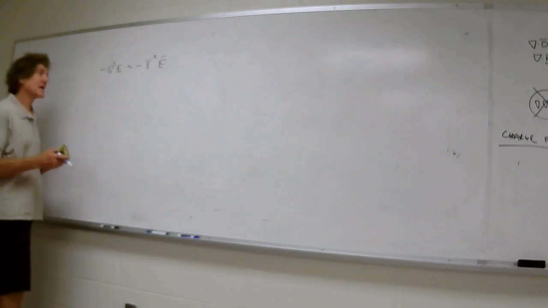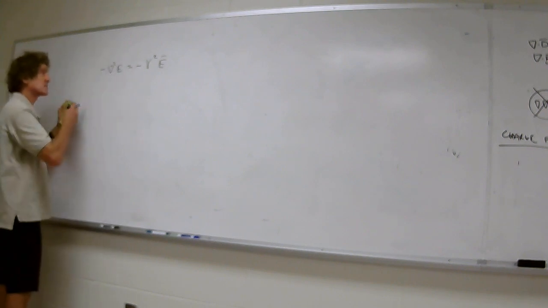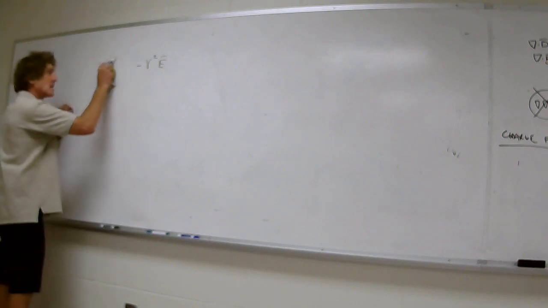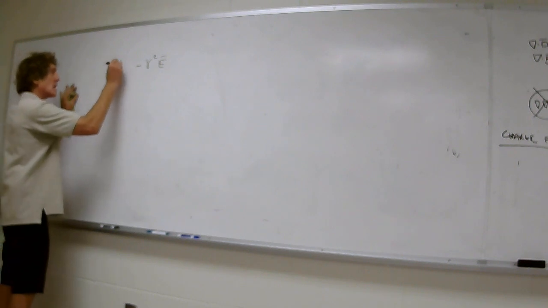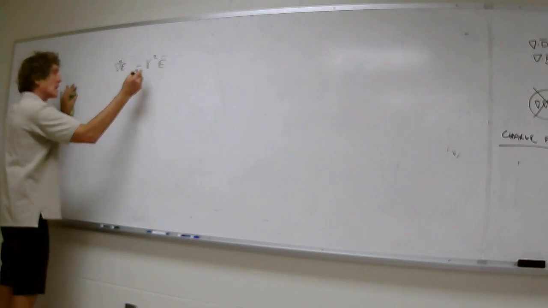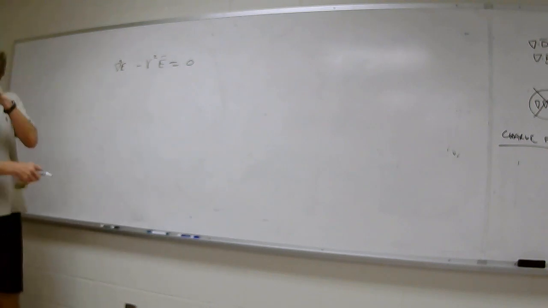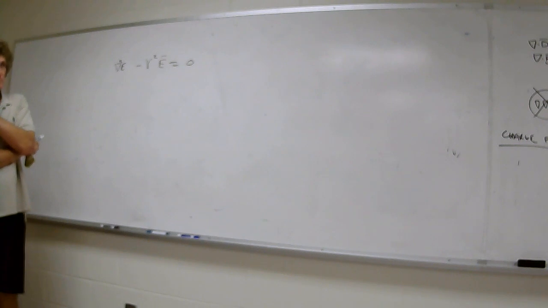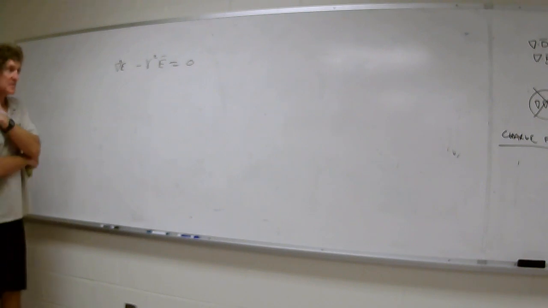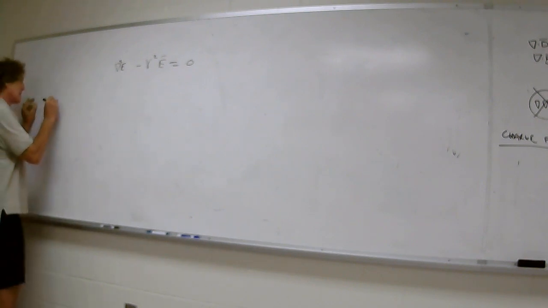You all see how I can take this to the other side and set it equal to 0. Equal to 0. All right, we've assumed so far that we have a charge-free region. That was the extent of the assumptions. Now here comes the next assumption. And here's where you write down plane wave propagation.